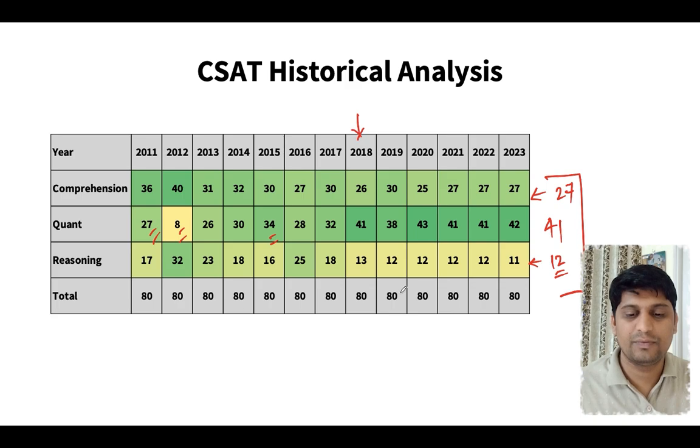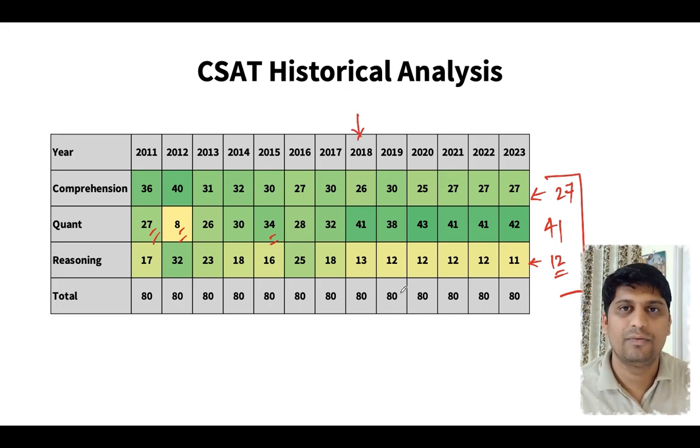For some of you, quant, mathematics and reasoning will be strength. For some of you, comprehension may be the strength. But we should not just know, we should have it backed up by some data. We should solve a good number of questions and understand, oh, in comprehension my accuracy is very good, or probably in quant my speed is very good. That we'll have to do first.